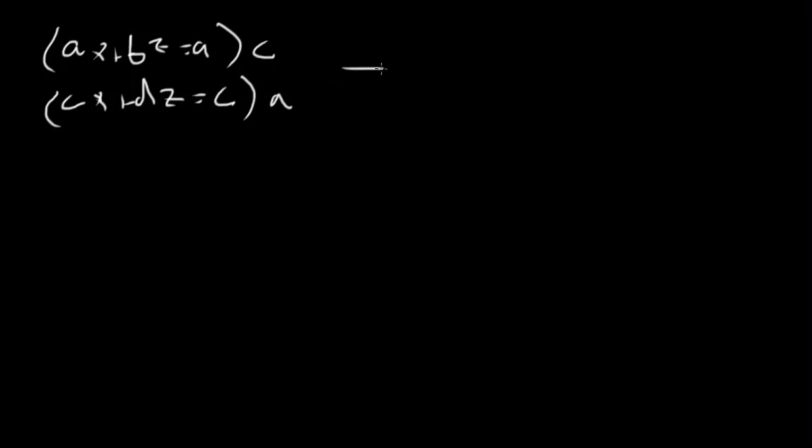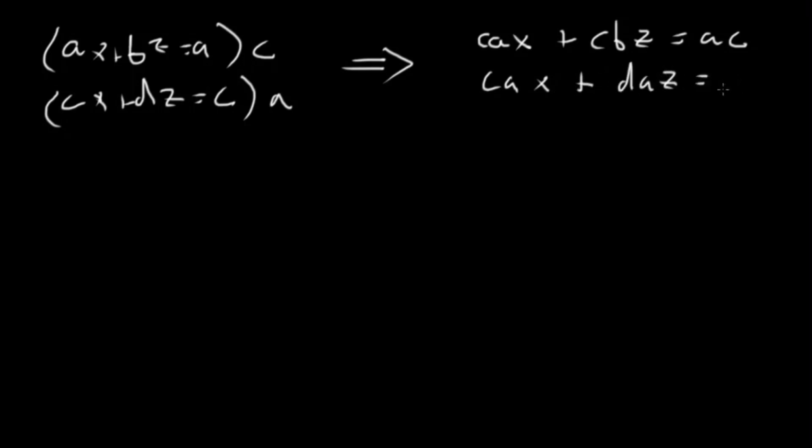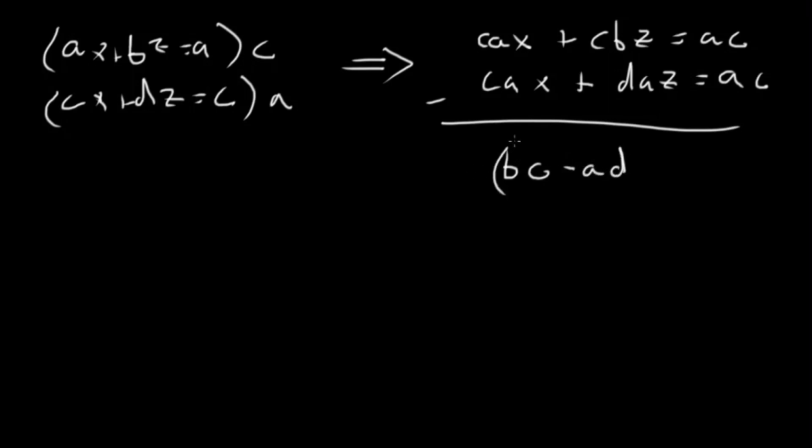I get cax plus cbz equals ac, and cax plus daz equals ac. If I subtract these two equations, I get (bc minus ad) z equals 0. All right, cool.